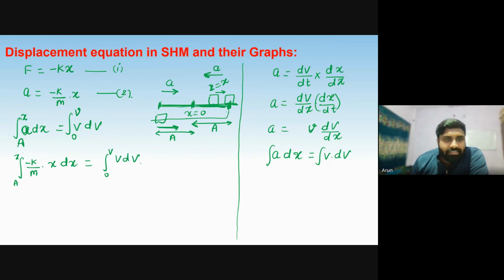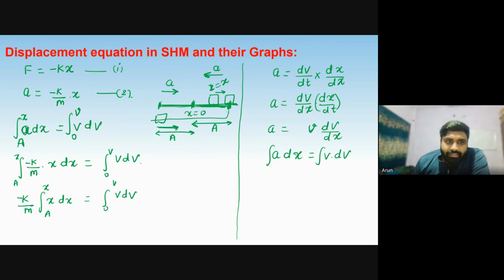Now this is very simple. k by m is a constant, so we can take it out, minus k by m, integration of x dx from a to x, and 0 to v of v dv.